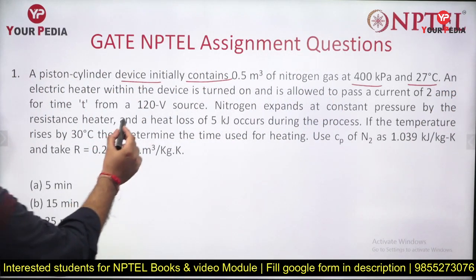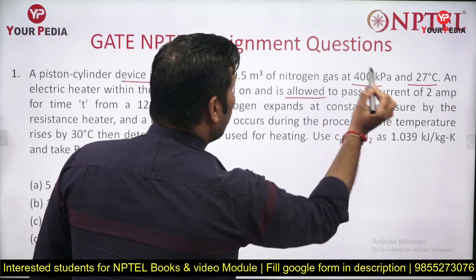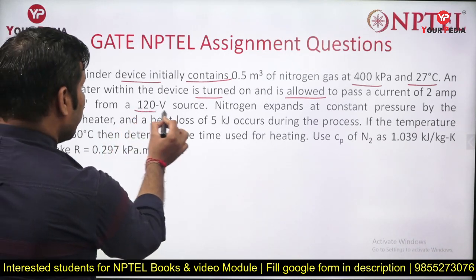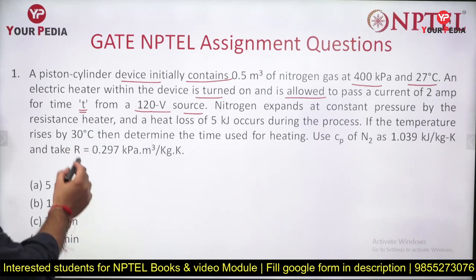An electric heater within the device is turned on and is allowed to pass a current of 2 ampere from a voltage source of 120 volt. So 120 is the voltage supply, 2 ampere is the current, and it is allowed to run for a time T.